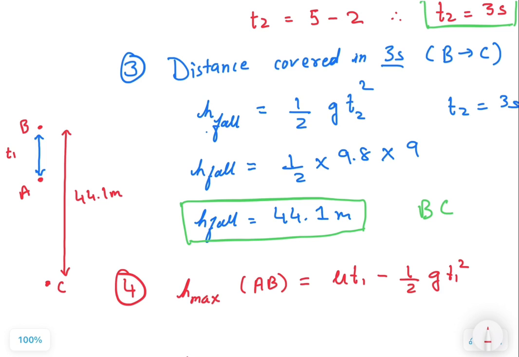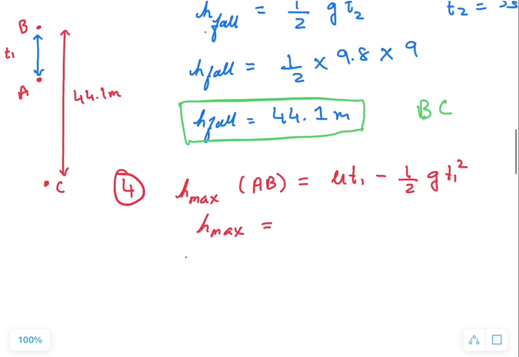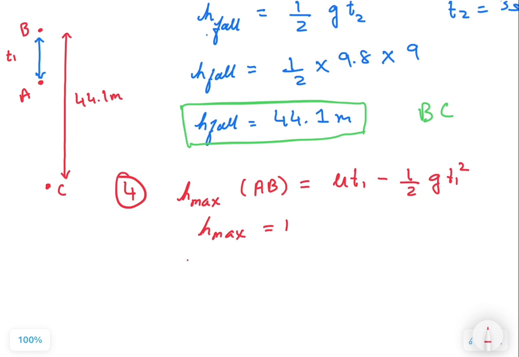So h max would be equal to the initial velocity with which the ball was thrown, 19.6 meters per second. In T1, 2 seconds, it reached point B. So multiplied by 2 minus half multiplied by 9.8 multiplied by T1 square. So that is 2 square, so directly I am writing 4.